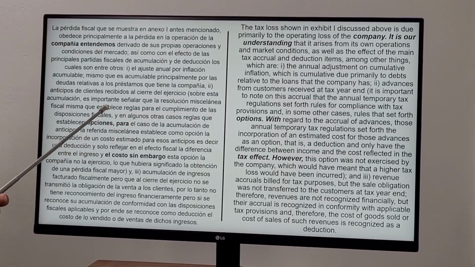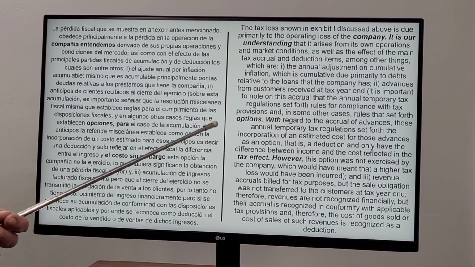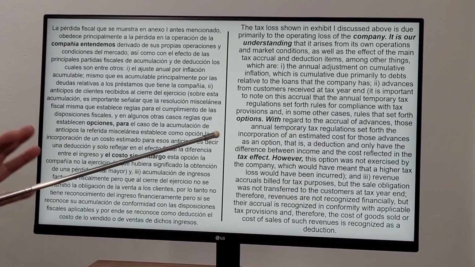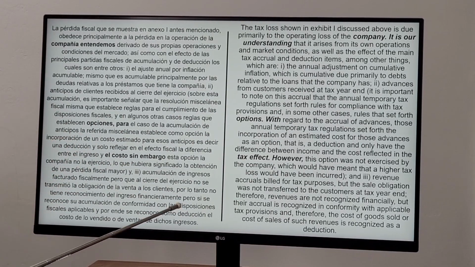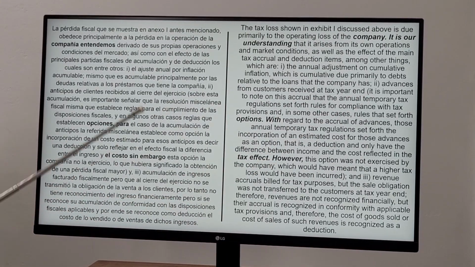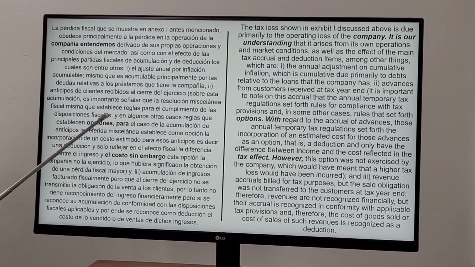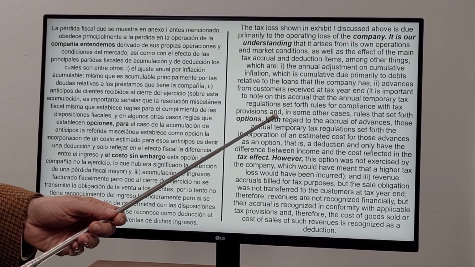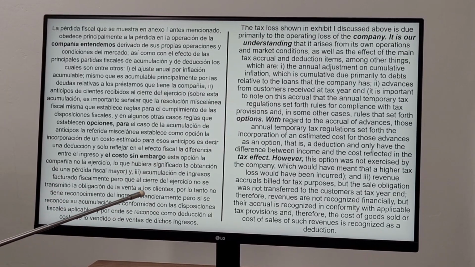We continue with annual temporary tax regulations. We have our verb establece, set forth, and then we have a direct object, rules, reglas, no problem for translation. And we continue for compliance with tax provisions. And you'll notice the conjunction E comes after a comma in the source language, and in English, the comma comes after the conjunction.